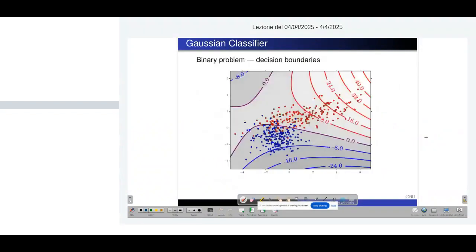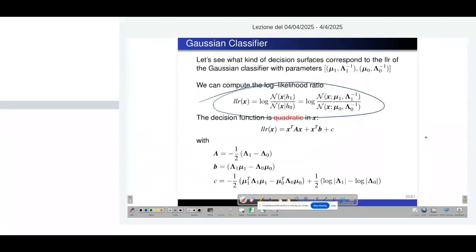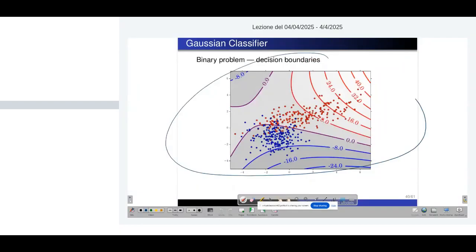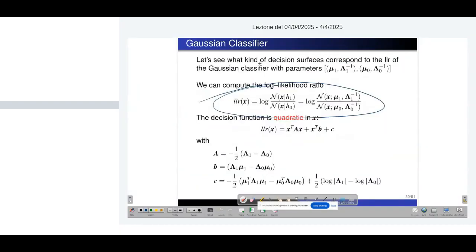We have also analyzed how this model performs in terms of separation boundaries. So what we obtain if we set the log likelihood ratio equal to a threshold. Remember that above a threshold we select class 1, below we select class 0. So those points x for which the log likelihood ratio is equal to the threshold are on the separating surface between the two classes.